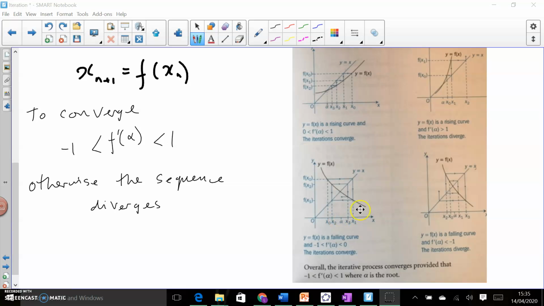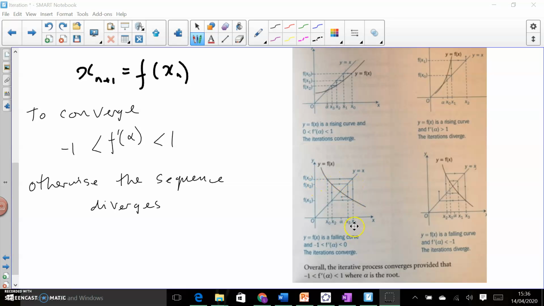Same thing happens down here when the curve is decreasing, but because the gradient is greater than -1 and negative, you choose a value here, x0. There is f of x0.